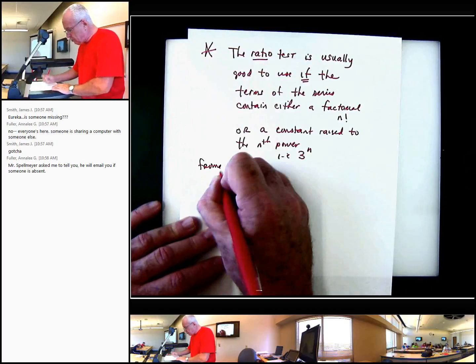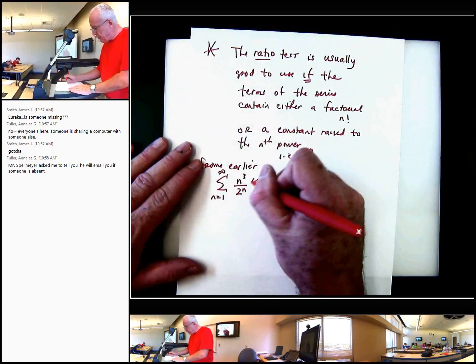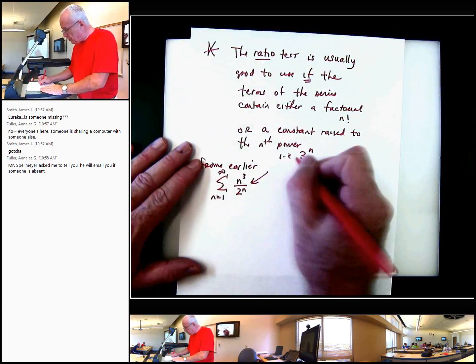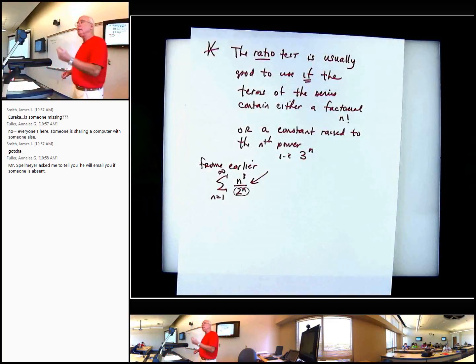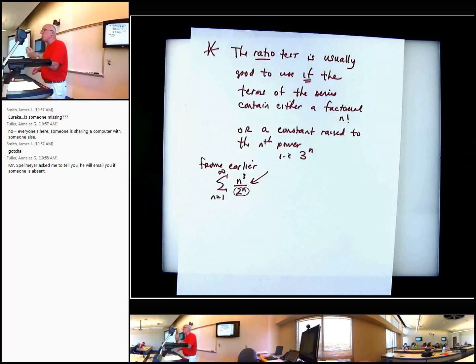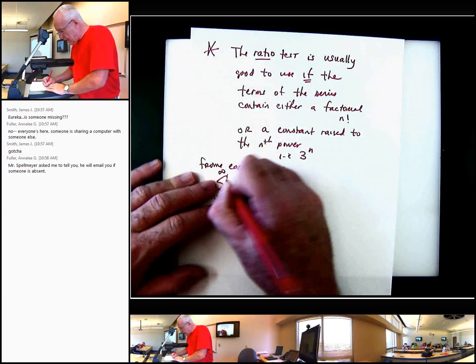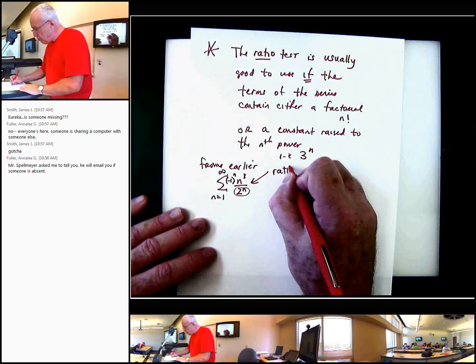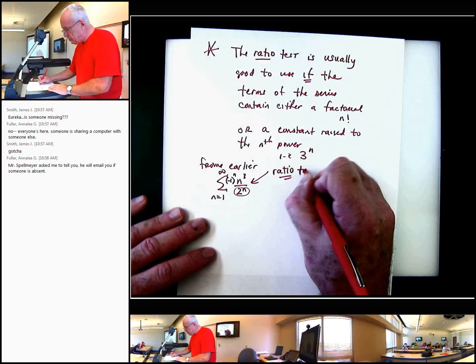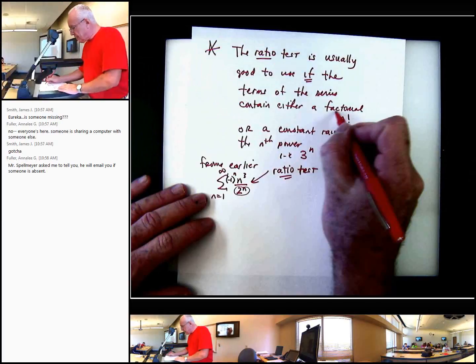This term here has a constant raised to the nth power, this 2 to the n right here. That's an indication that you probably want to use the ratio test, all right? Okay, actually, the original one was -1 to the nth power. So that means you might want to look at the ratio test like that, okay? But also if it has a factorial.